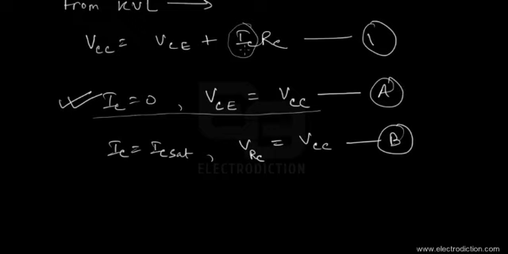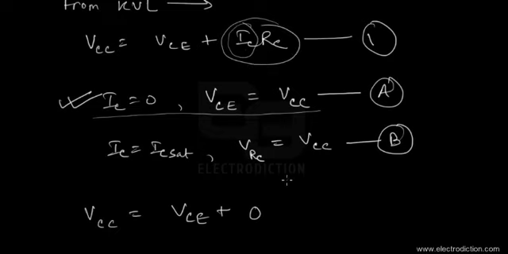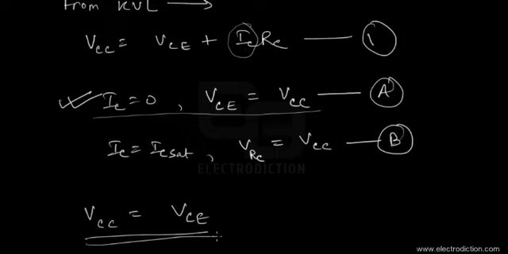So under IC equals 0, we have VCC equals VCE plus ICRC, and if we put 0 in the place of IC, it's quite natural that the ICRC term would vanish. So we get VCC equals VCE.